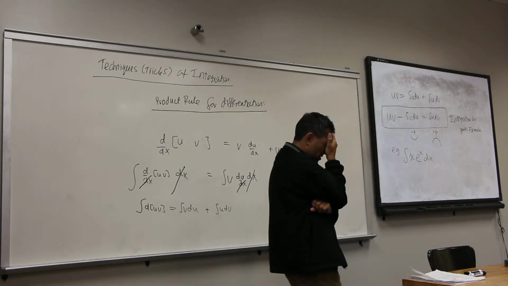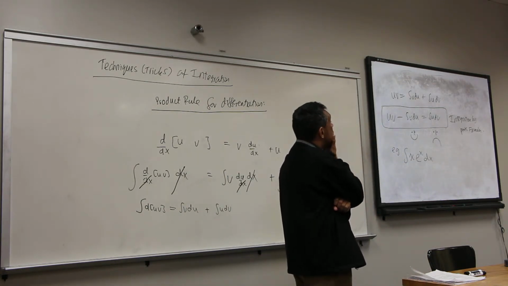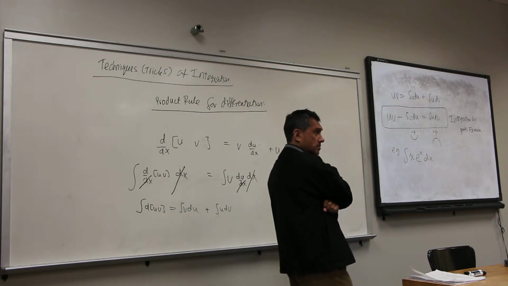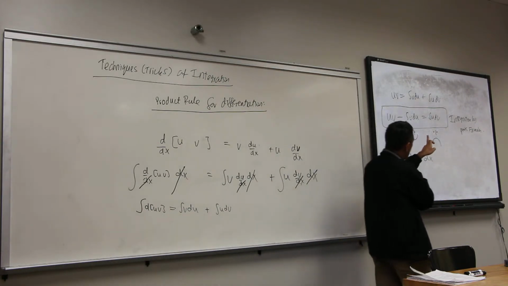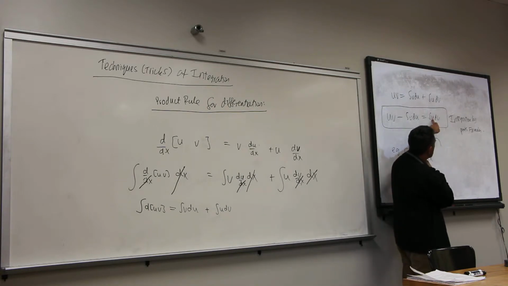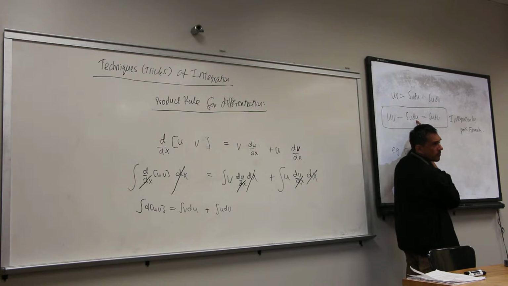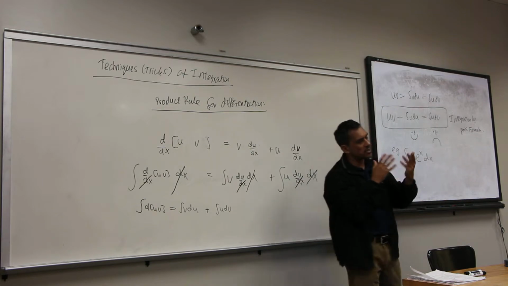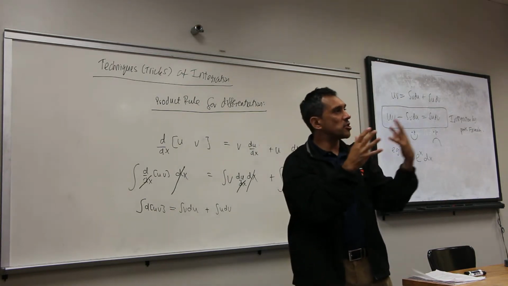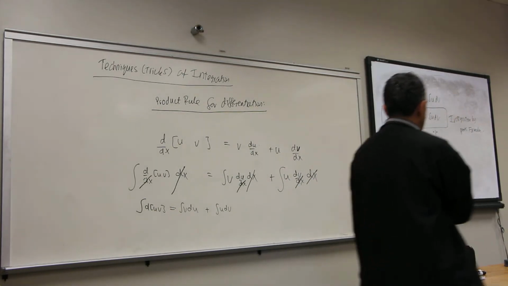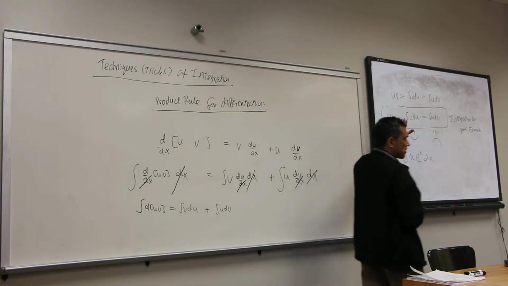So let me write it down. Well, what is what? You will see that the u is being differentiated and that the dv is being integrated. So you should say to yourself, what is it that you want to differentiate and what is it that you want to integrate to make your problem a little easier?